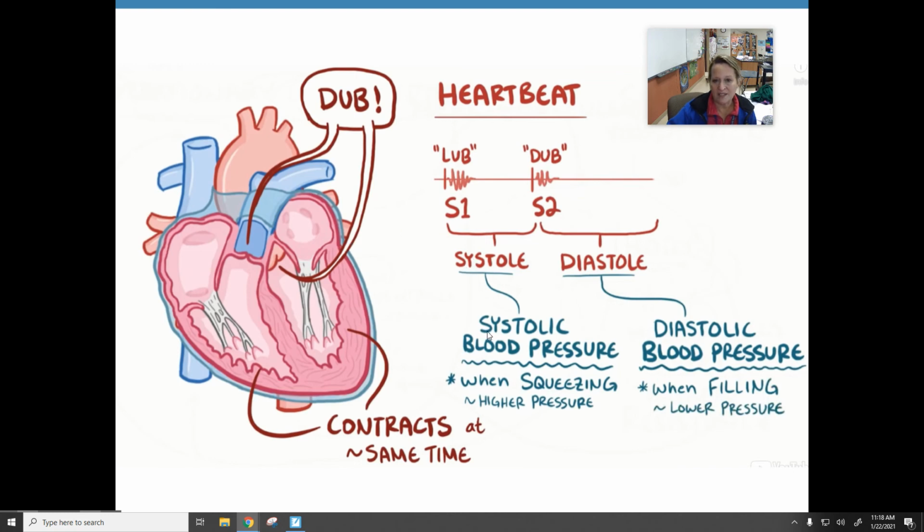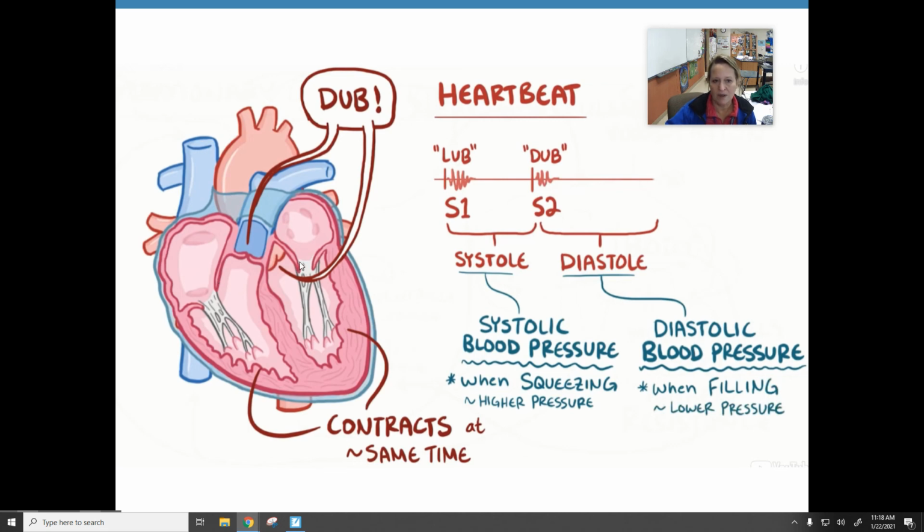That happens when the ventricle is squeezing, so when the heart is contracting. So systole is contraction, and that's going to be the highest pressure. So when it's contracting, these valves have to close because otherwise we get backflow going into the atria.